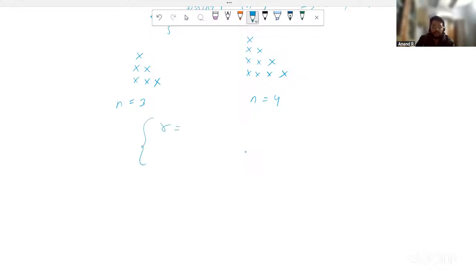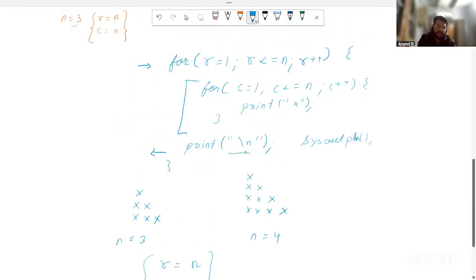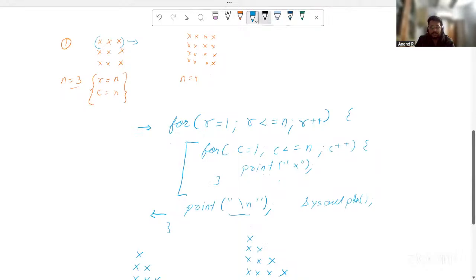R is equal to what? And C is equal to what? R is equal to N and C is equal to R. Can I say that the program will remain exactly the same? Instead of N, you can simply replace it with R over here for the second problem statement.